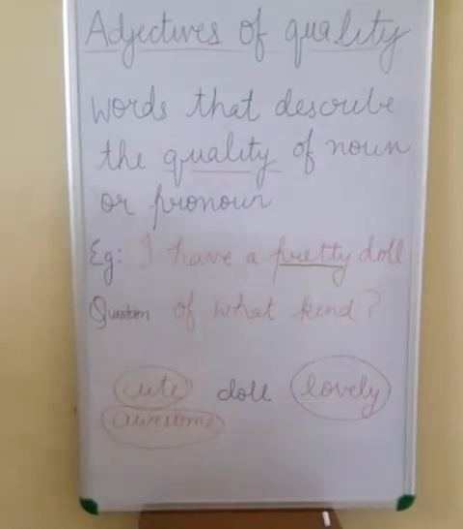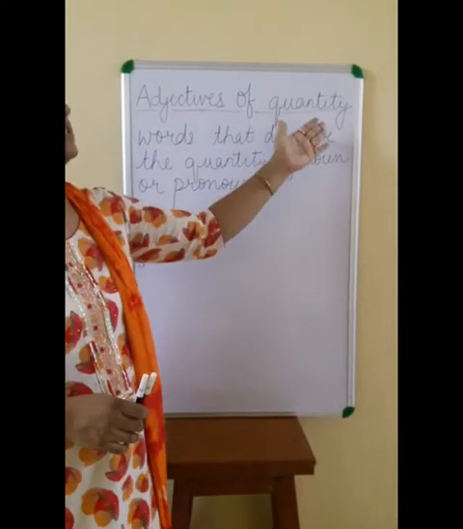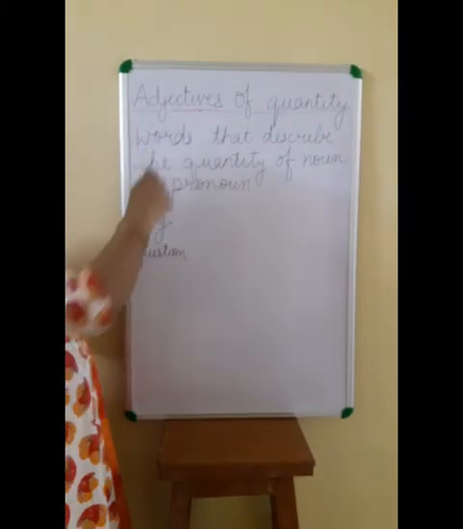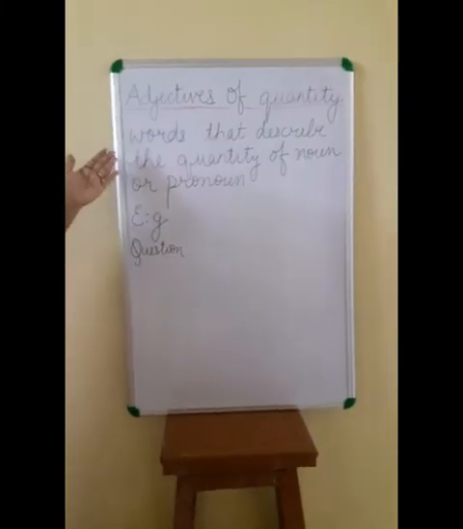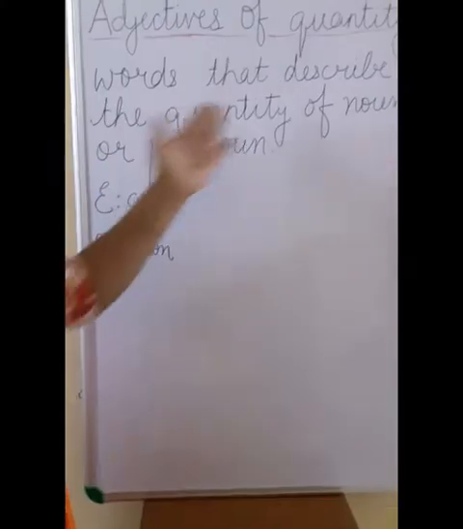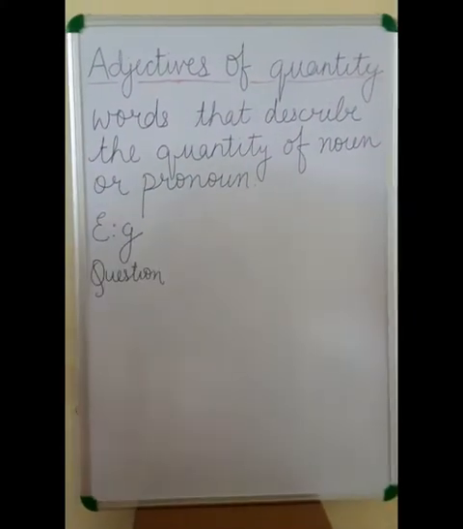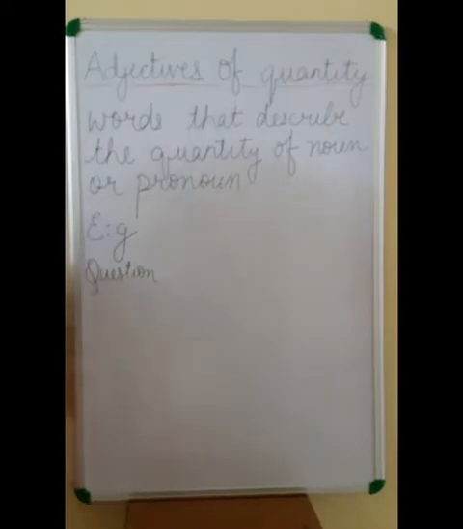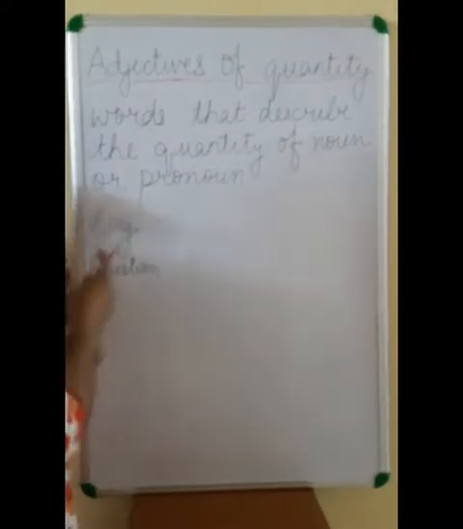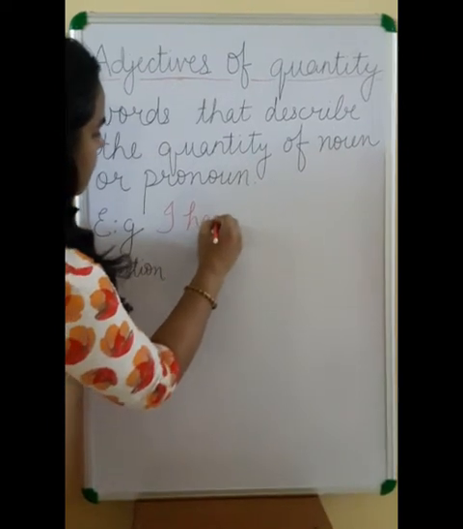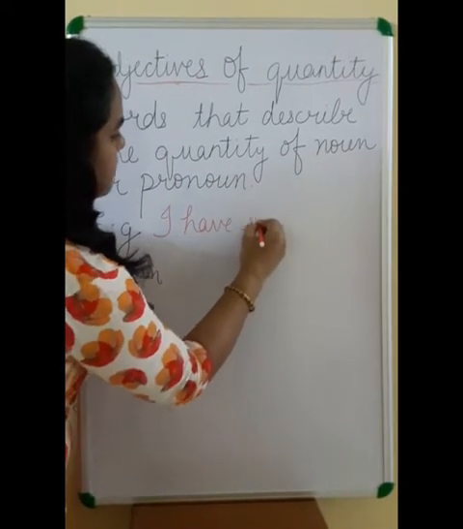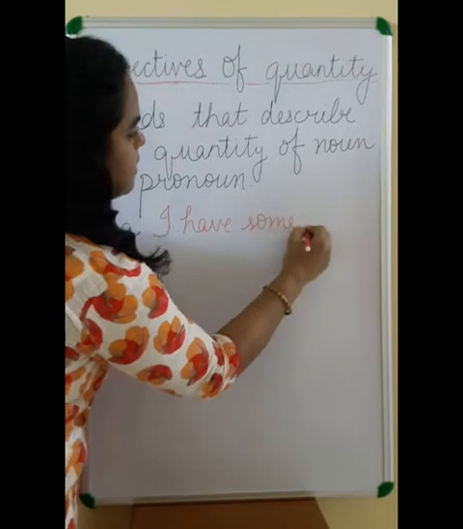Adjectives of quantity. Our next kind of adjectives is adjectives of quantity. The adjectives of quantity are the words that describe the quantity of a noun or pronoun. I will explain with an example. I have some sugar.